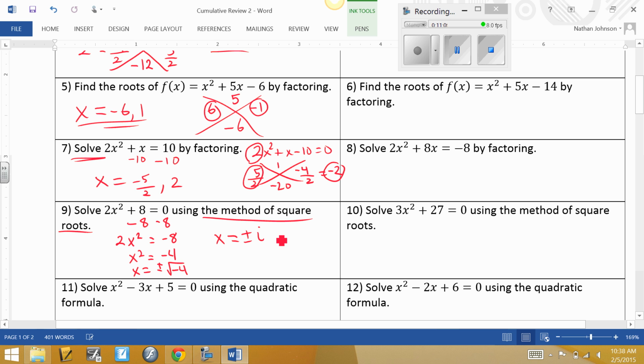So we still have a plus or minus here. An i comes to the outside. What's inside is now positive. Now we can look at 4. 4 is the same thing as 2 times 2. It's a perfect square. So I can pull the 2 to the outside, and I end up with plus or minus 2i as my solution. Use those same techniques and solve problem 10.